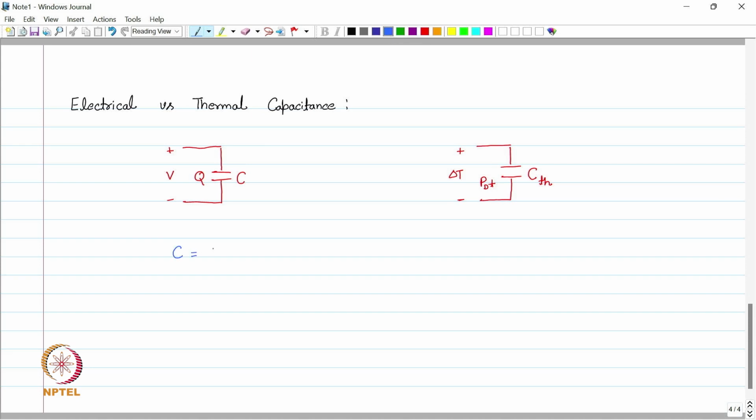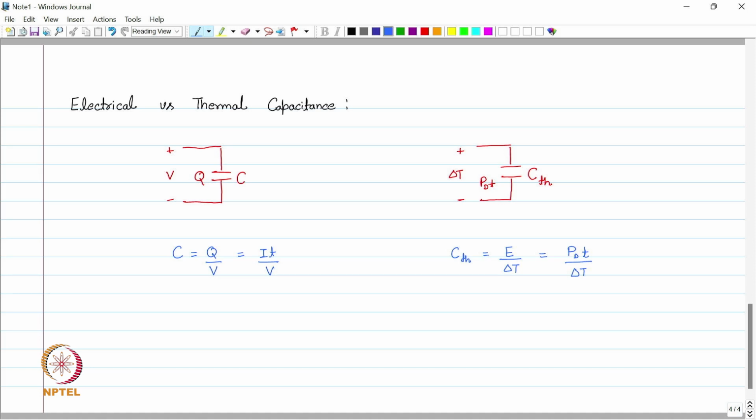We can write C is Q upon V, or you can write I into T upon V. In thermal, we can write C thermal is equal to E upon delta T, or P dt upon delta T, where C is the capacitance, where the unit is farads.